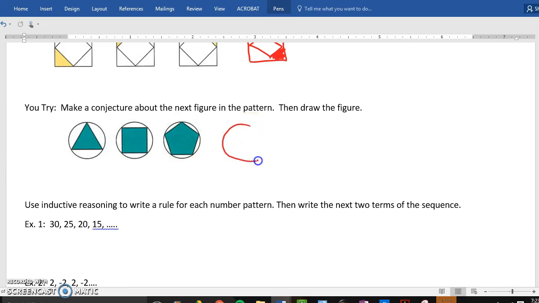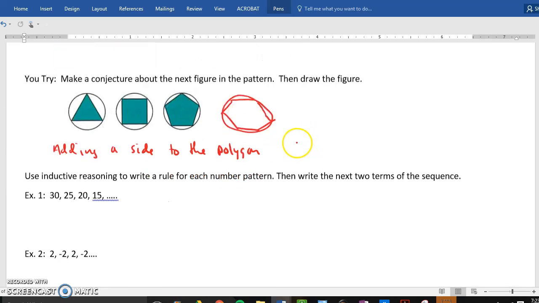So now we're using inductive reasoning to make a conjecture that we're adding a side to the polygon inside. So now our next one will have 6 sides. And again, do not knock the artistic skills.